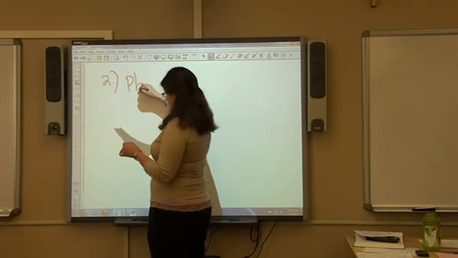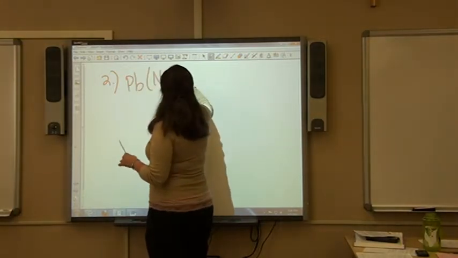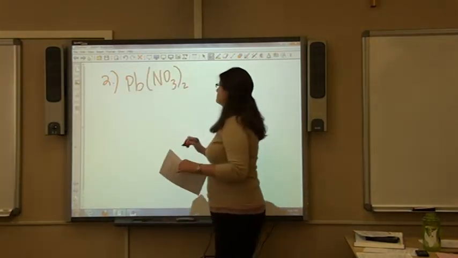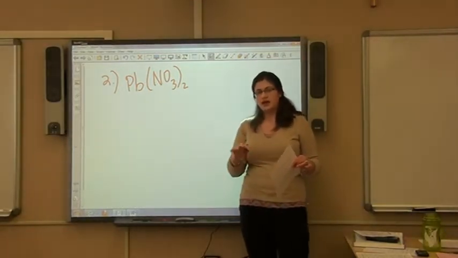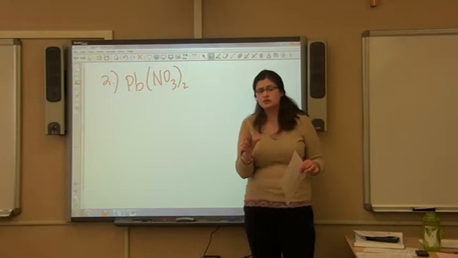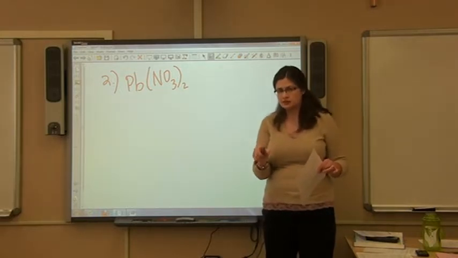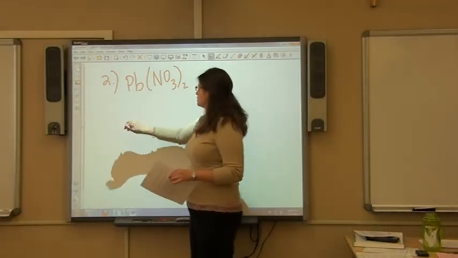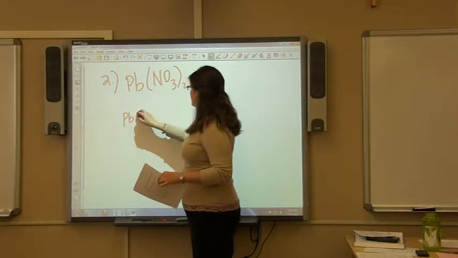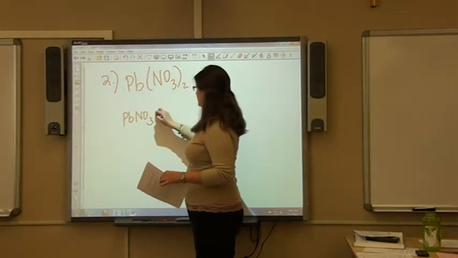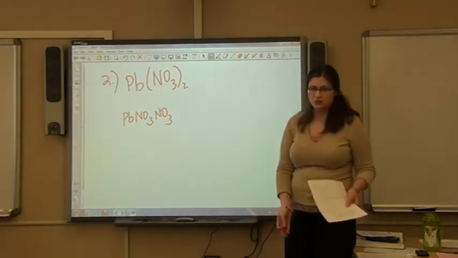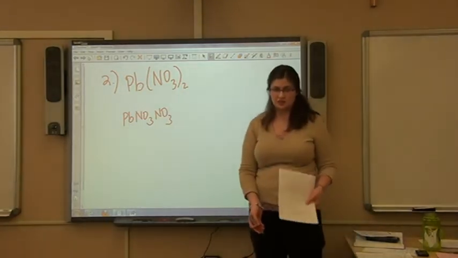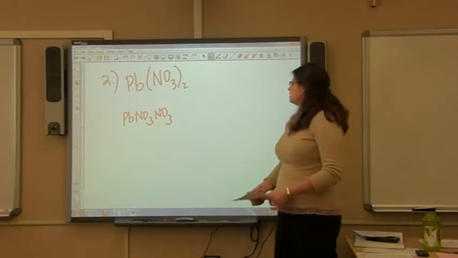Here we have lead 2 nitrate. Here you have nitrate as your polyatomic ion. You have NO3, but the whole NO3 species occurs twice. So this formula is really like saying PbNO3NO3. For obvious reasons, we don't write chemical formulas this way because it gets very tedious.